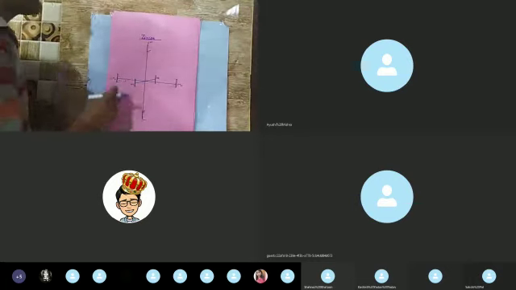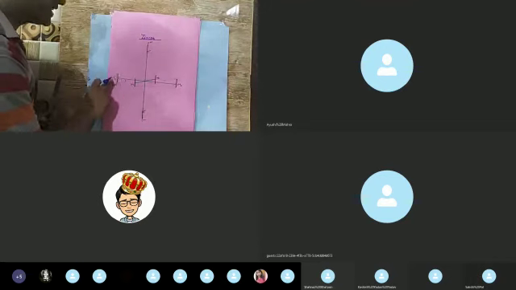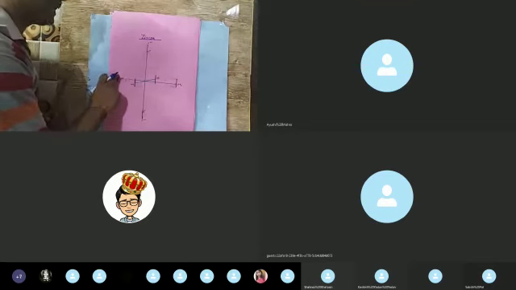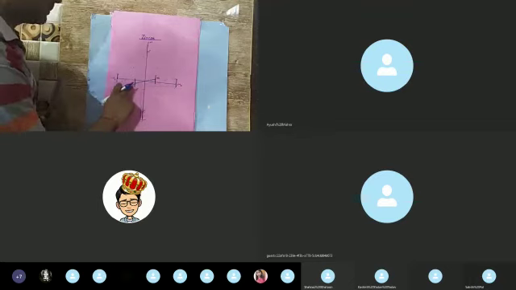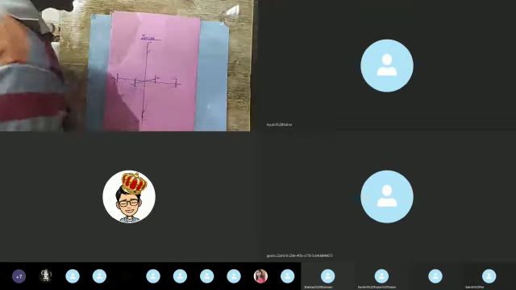And next step, join the upper part of minus A2, this is the upper part and this is lower. Join the upper part of minus A2 with the upper part of plus A1 and plus A2.